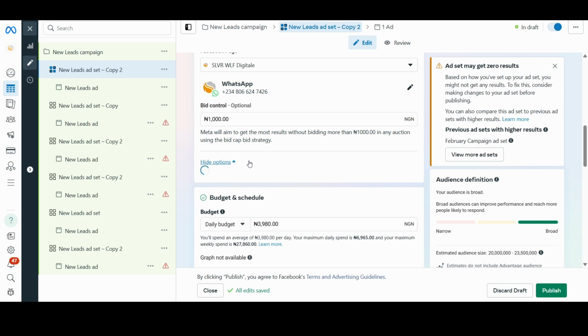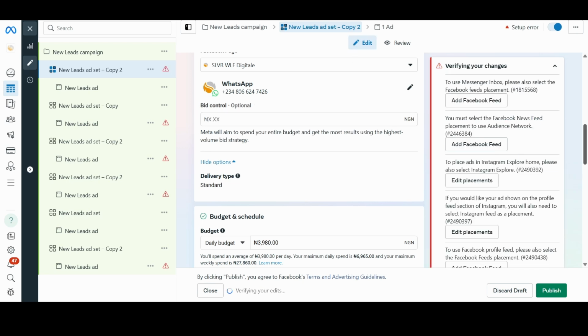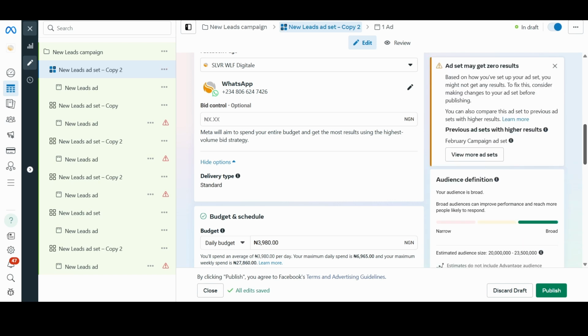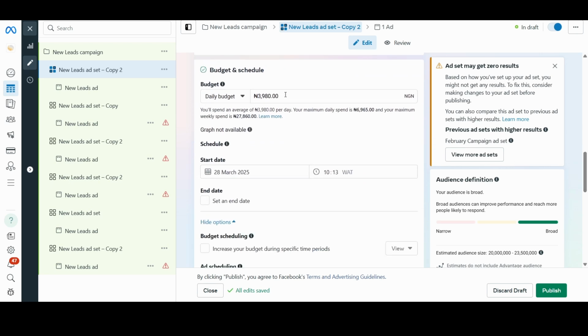Of course, there are other options that you can look out for there. We're not using the bid cap here, but it's something that you could explore and see if it works for you, especially if you have run ads for a while and you're just testing to see what works and what doesn't work. Right. So here again, for your budget, you can do a daily budget or you can do a lifetime budget at the ABO level, same thing.